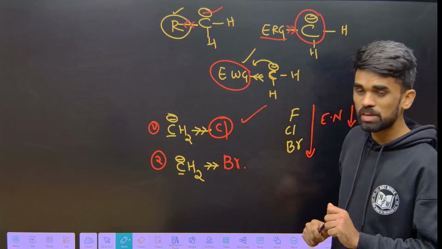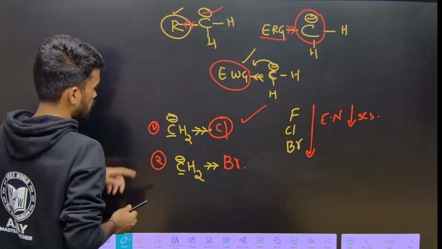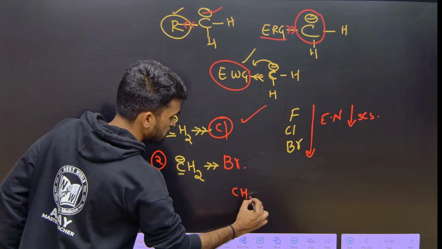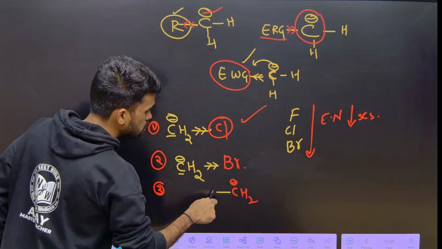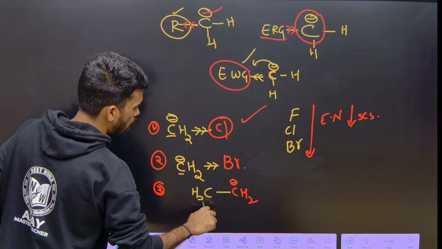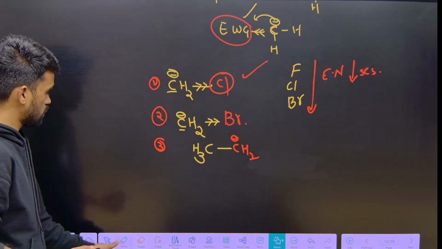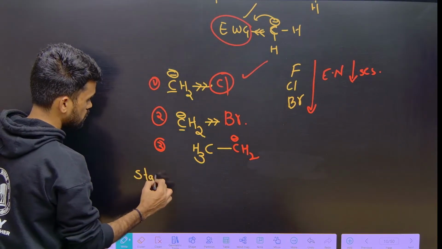Now I am giving you one more question. Along with these two, add one more option: CH2 with a negative charge attached to a methyl group. Now arrange them based on stability order.